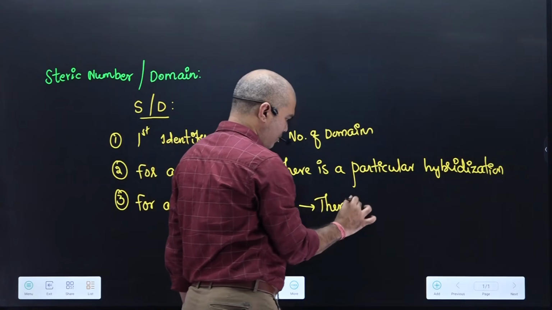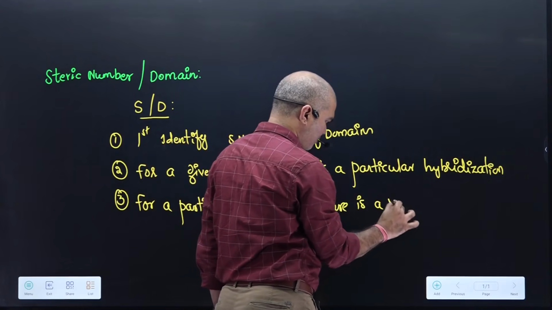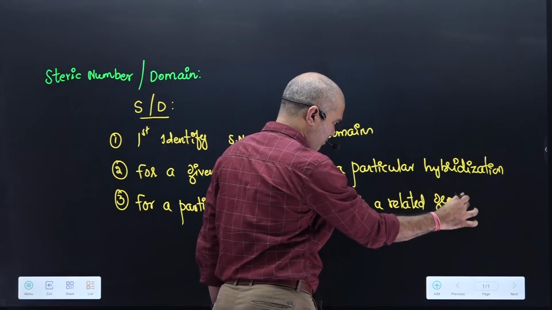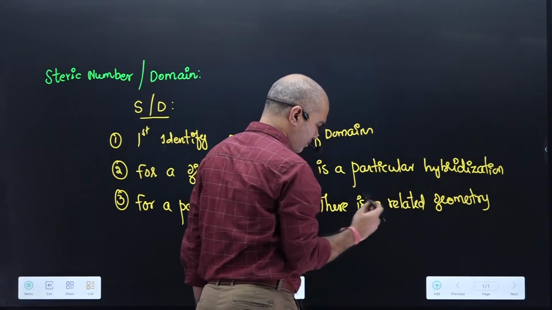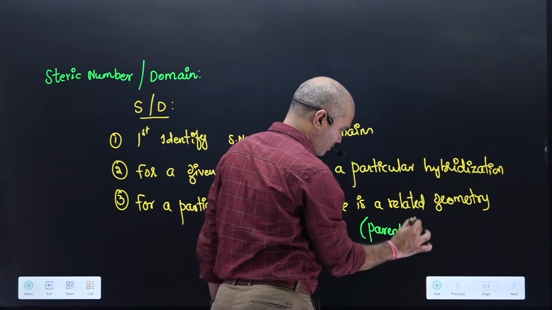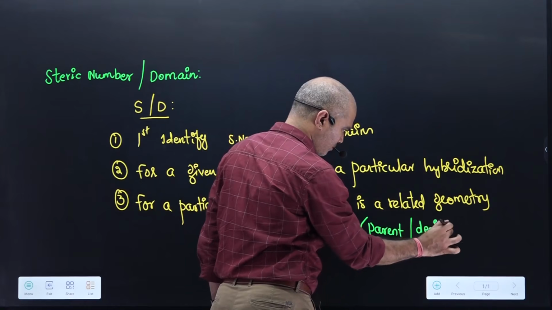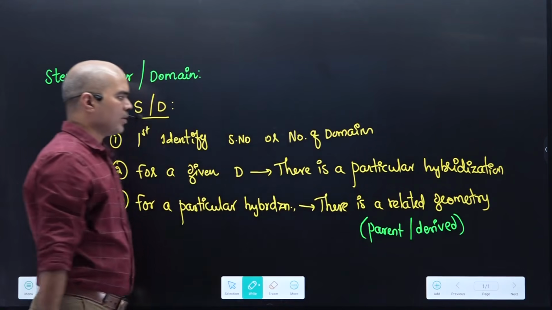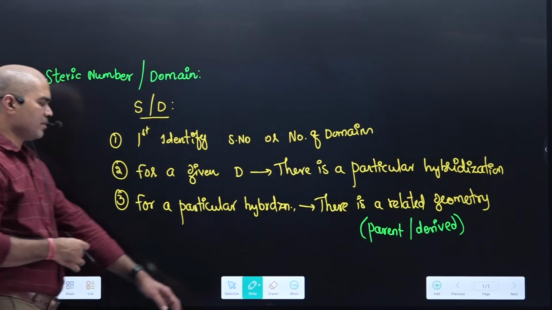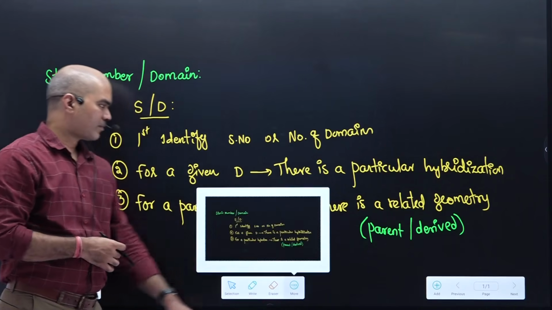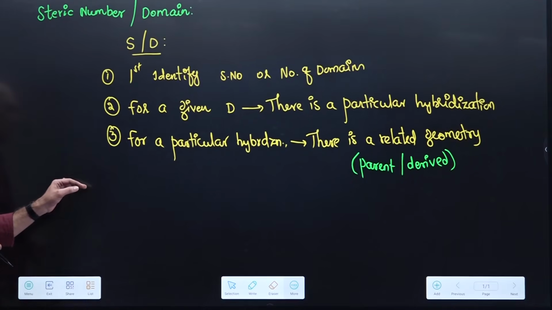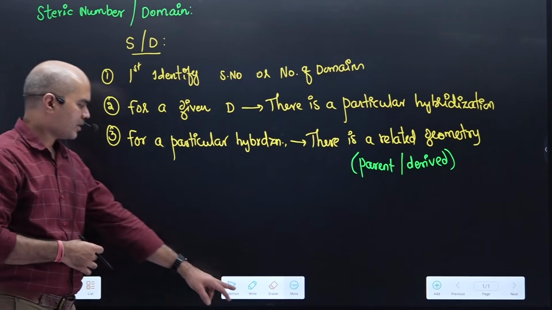For a particular hybridization, there is a related geometry. That geometry could be either parent or derived geometry. These are the points that we have to follow now. Just write this in a shortcut manner.